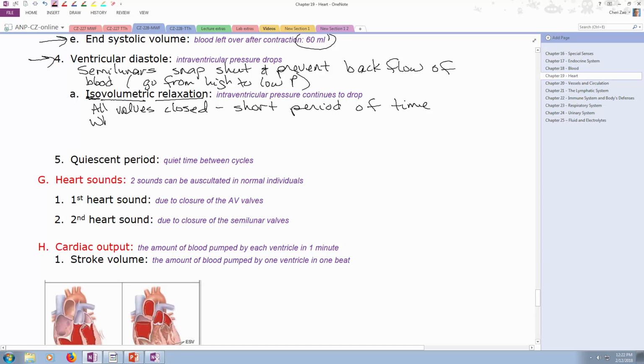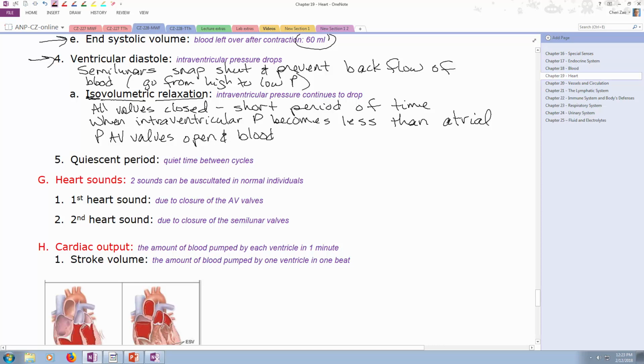And then when intraventricular pressure becomes less than our atrial pressure, that's intra-atrial pressure, the AV valves open and blood fills the ventricle.